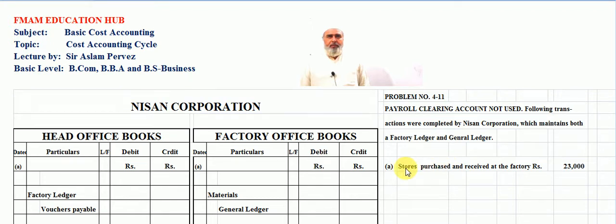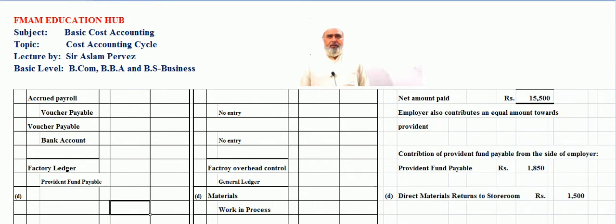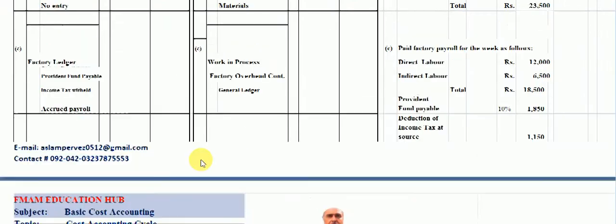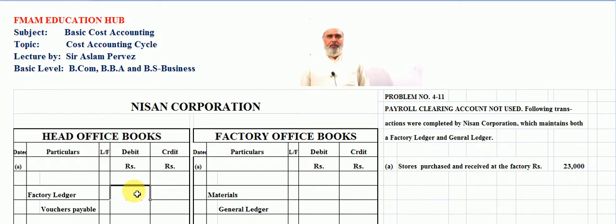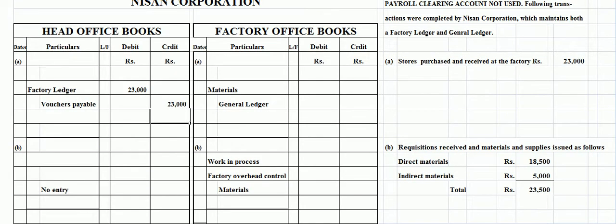Firstly, in the head office book, factory ledger should be debited 23,000 rupees, and voucher payable is credited here, 23,000 rupees.